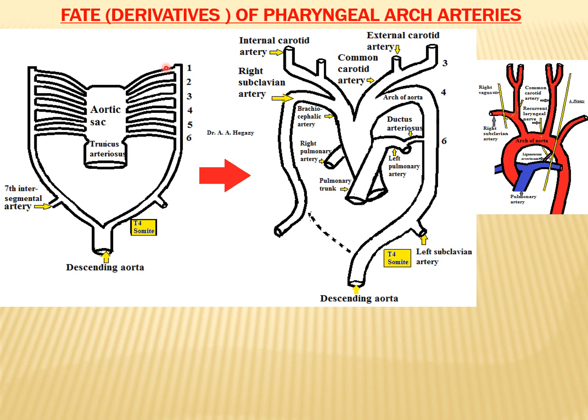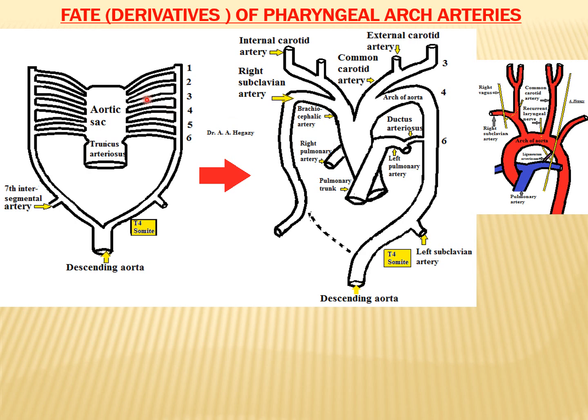As we said, the first arch artery disappears except a small portion forming what is called the maxillary artery. The second also disappears except a small artery called the stapedial artery. And second begins with S. Stapedial artery forms from the second arch. Here, these are small arteries not represented in this diagram.